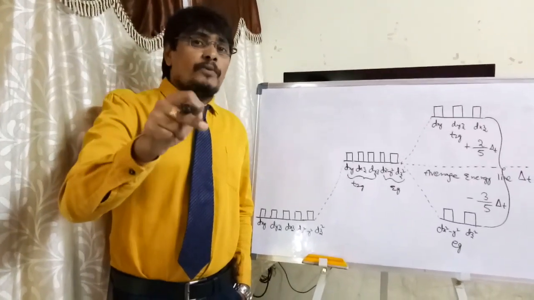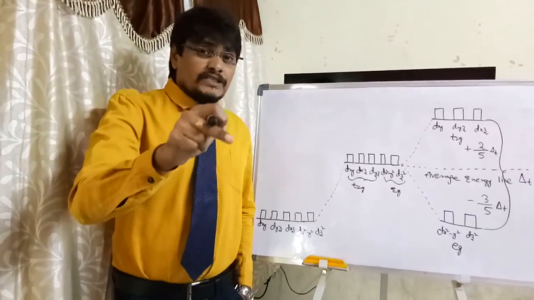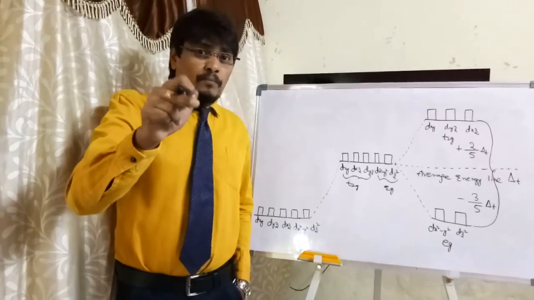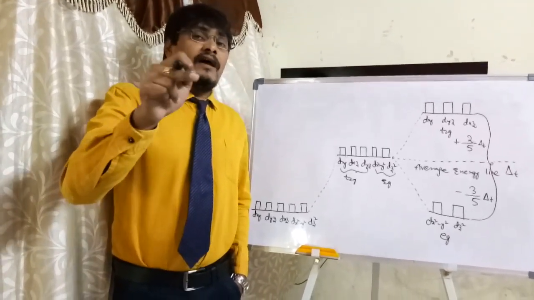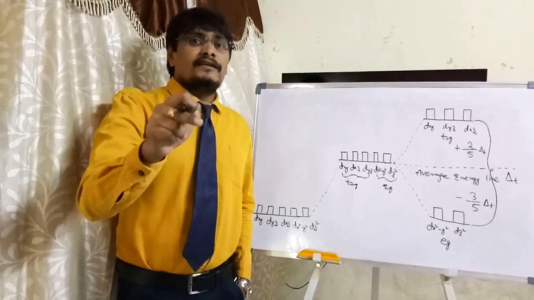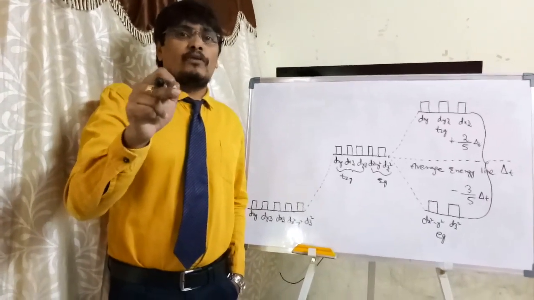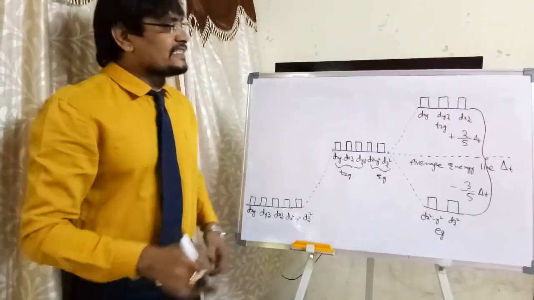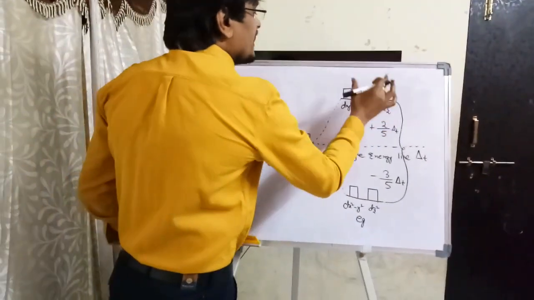And which among the T2g and Eg sets of d orbitals have the lobes placed in between the axis? That is the T2g set of d orbitals: dxy, dyz and dxz. That is the reason they are occupying the highest energy level.